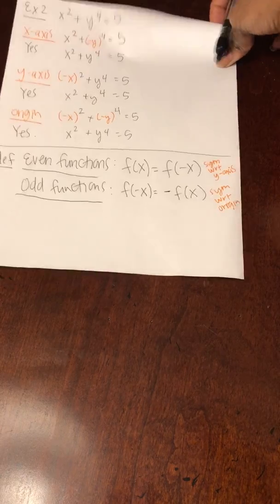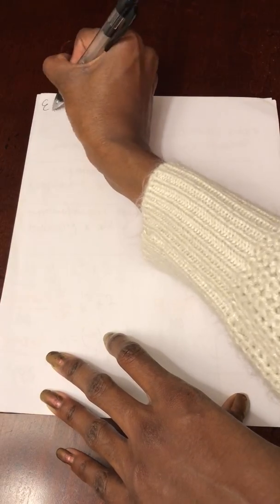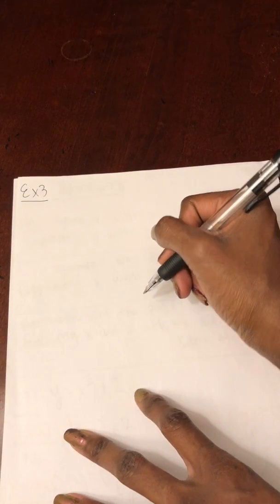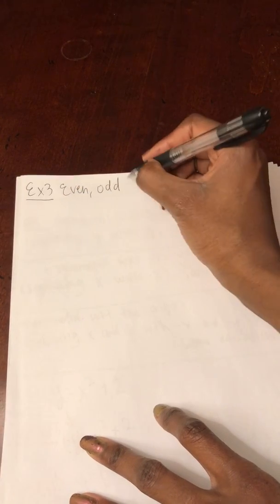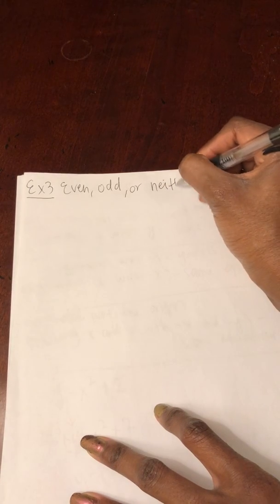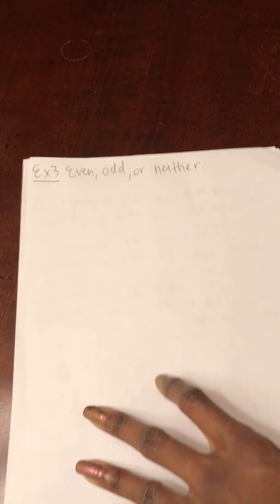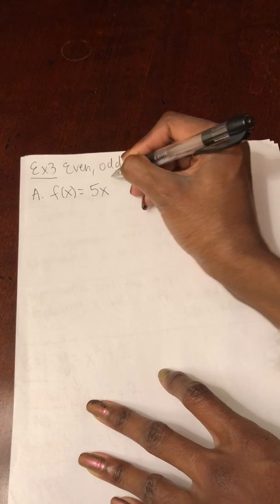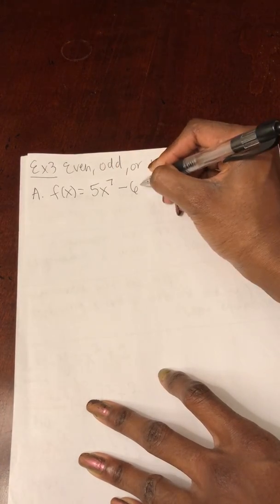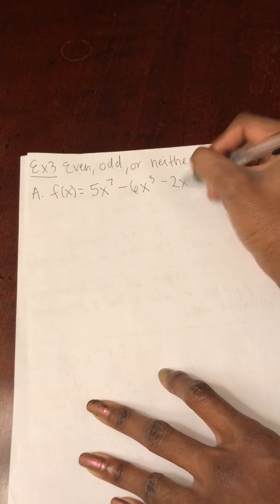So let's look at an example. We're going to be doing example 3. And we want to determine whether it's even, odd, or neither, okay? For the first one, A, we'll have f of x is equal to 5x to the 7 minus 6x to the 3rd minus 2x.